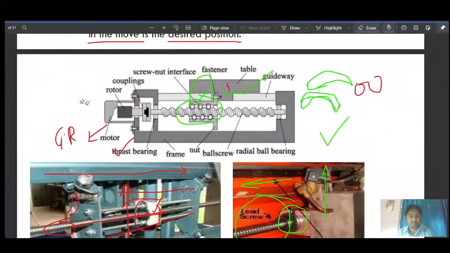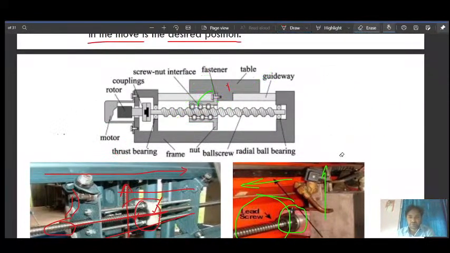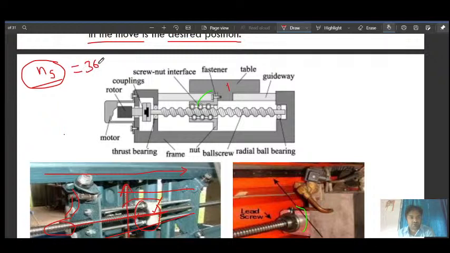Suppose there is a step angle, and ns is equal to 360 by step angle, so we call it alpha. Alpha is the step angle, and ns is the number of step angles.